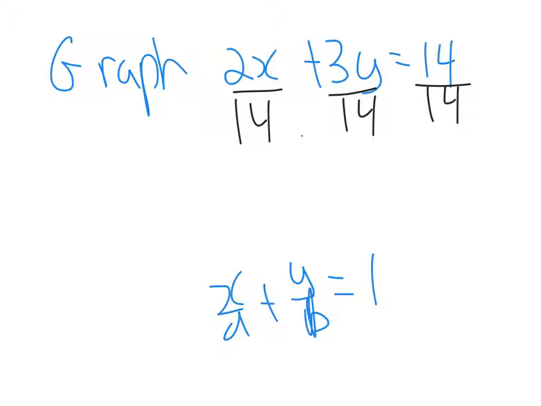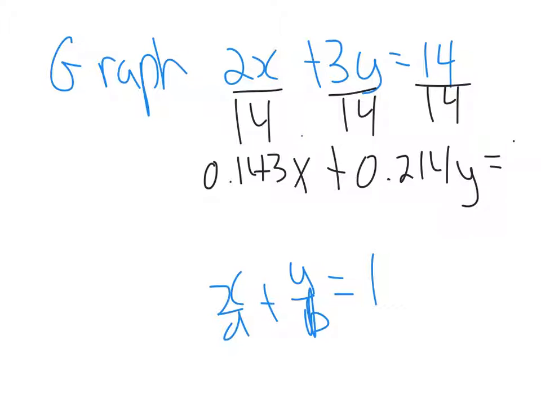So the first one is 0.143x plus, and then we do 3 divided by 14, which is 0.214y, and that equals 1. Okay, that equals 1. So now I need to get this in terms of what are called unit fractions, right? I have to have x over a and y over b.